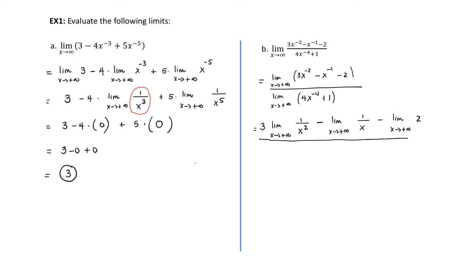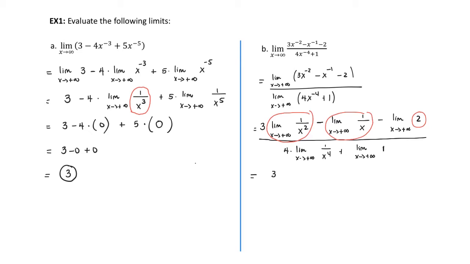All this will be divided by 4 times the limit as x approaches positive infinity of 1 over x to the 4th, plus the limit as x approaches positive infinity of 1. So in the first case, this limit right here is going to go to 0. This limit is going to go to 0 as well. And this limit is a constant, so we're just going to get 2.